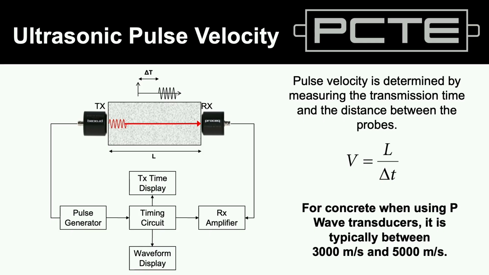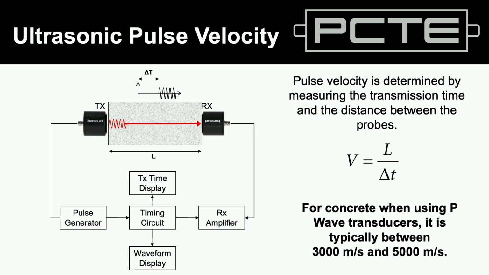In terms of what we expect to find, if we're talking concrete, well, concrete is not a homogeneous material. If you gave me steel and the type of steel, I can tell you the number it should be. This is why we do so much clever, very elaborate work with steel ultrasonics.